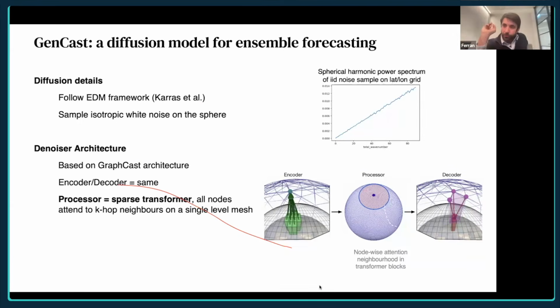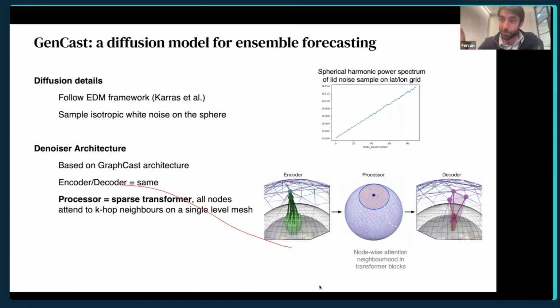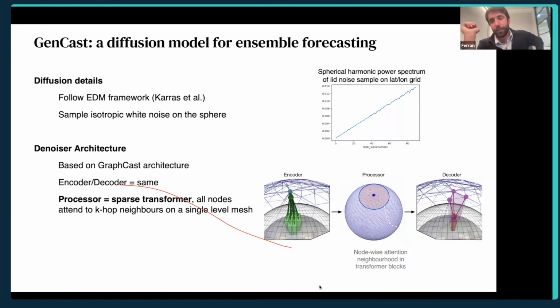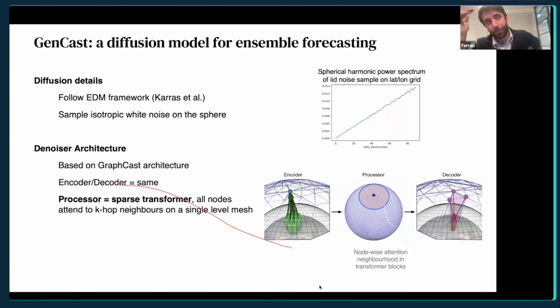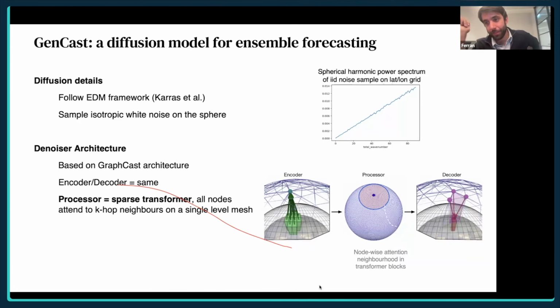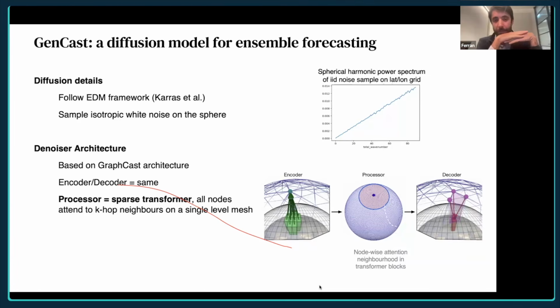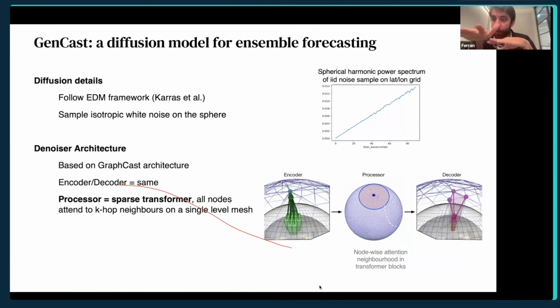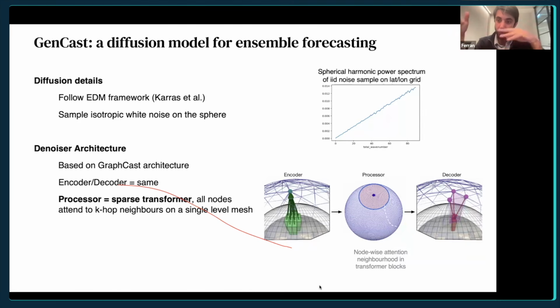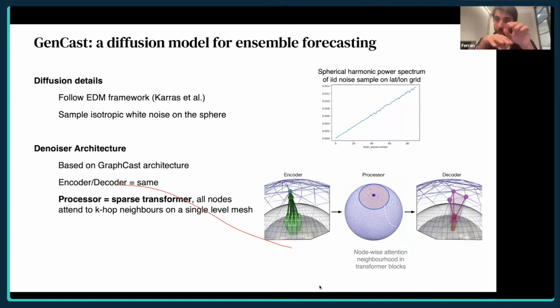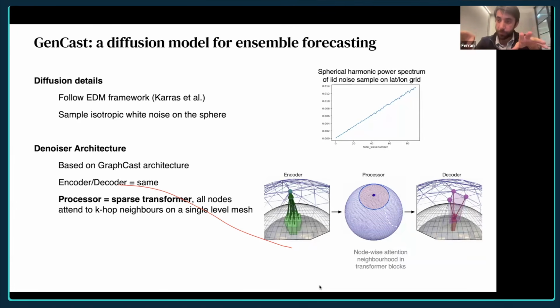Yes. There are actually two kinds of time steps. It's a bit tricky to explain, but if you think about a single layer of the network, there is a sparse attention, so every node only looks locally at its neighbors.